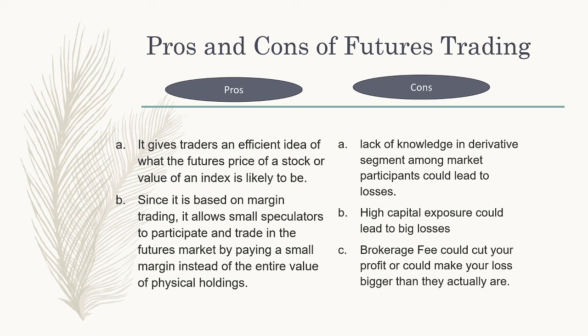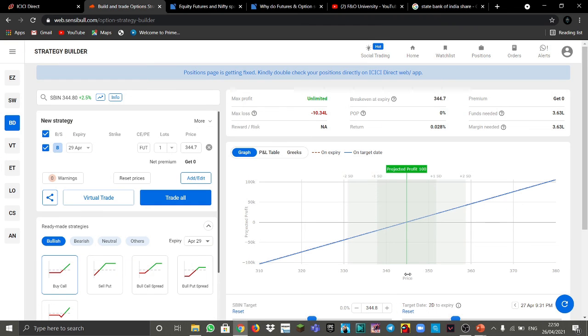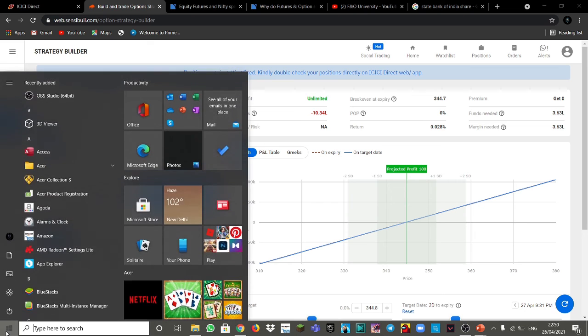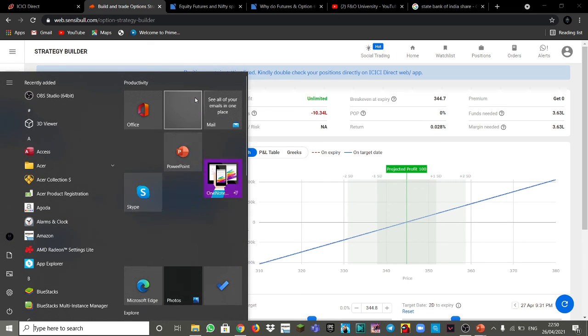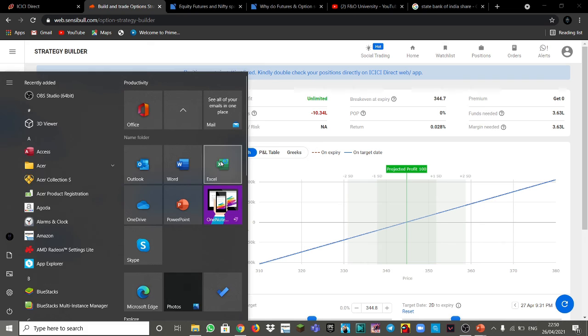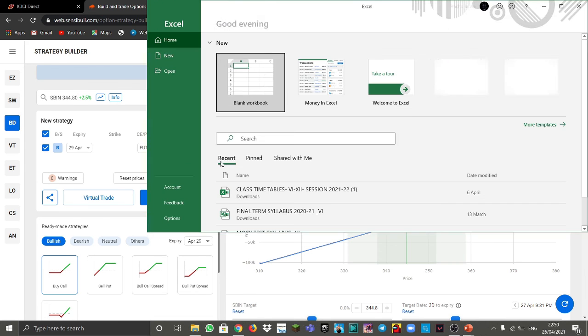Okay, brokerage fee again could cut your profit or could make your loss bigger than it actually is. So let's say ICICI Direct charges you some amount, which is, let's say, 0.25%.